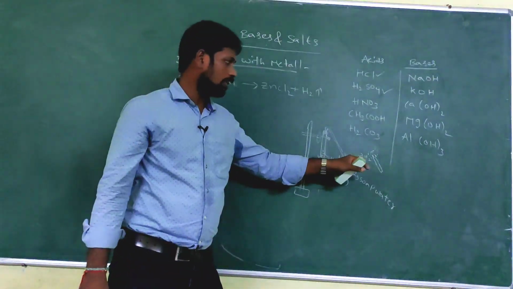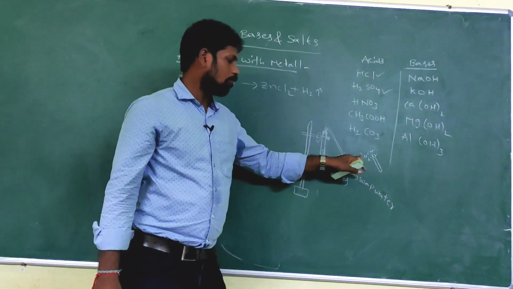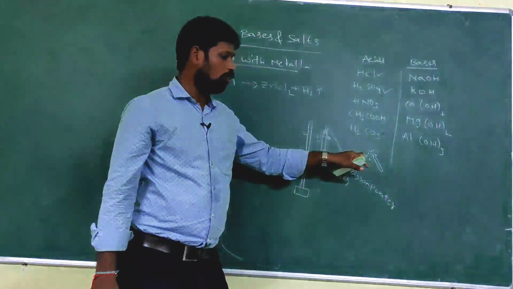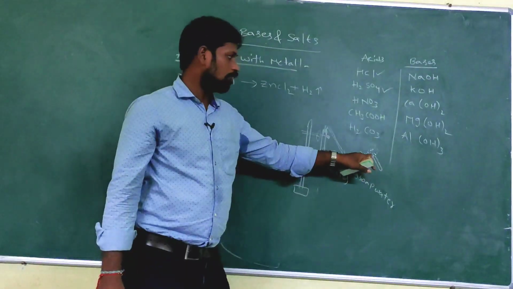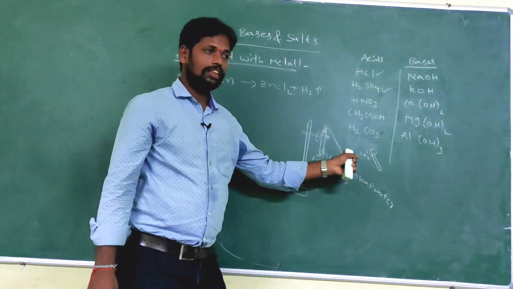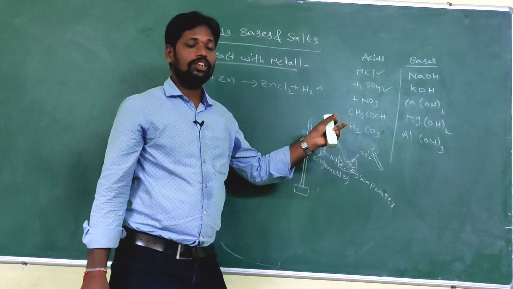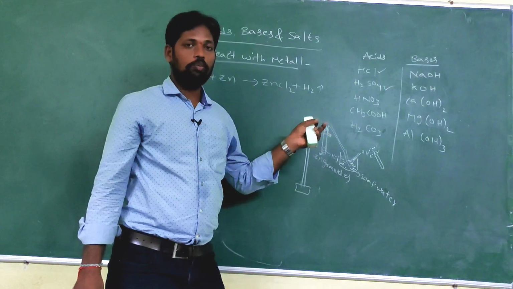Using the candle, you find out whether H2 gas is coming or not. How to find out? Keep the burning candle near the gas, and the flame goes off with a sound. Which sound? Pop sound.